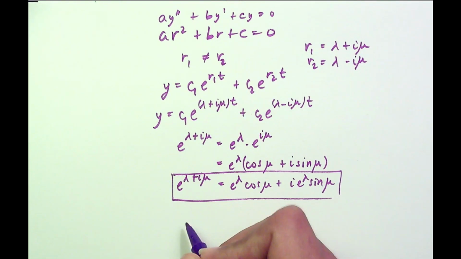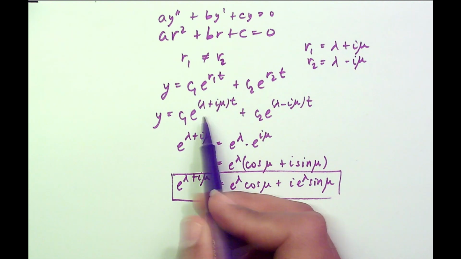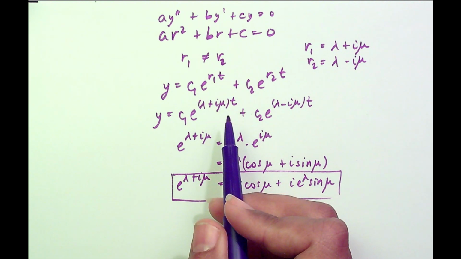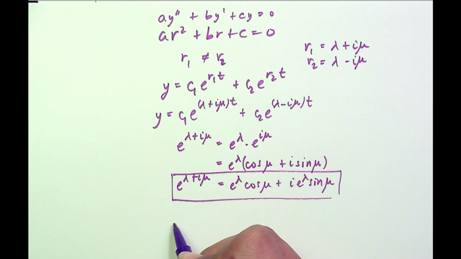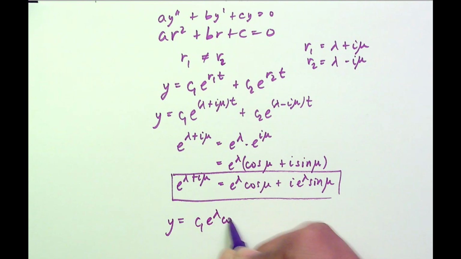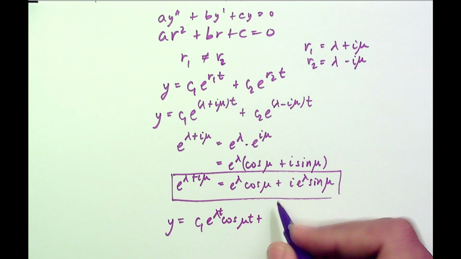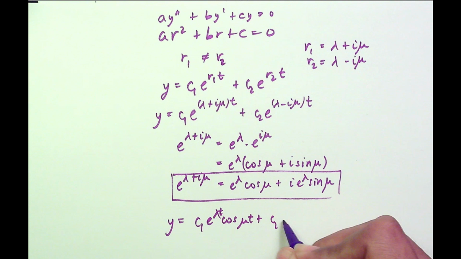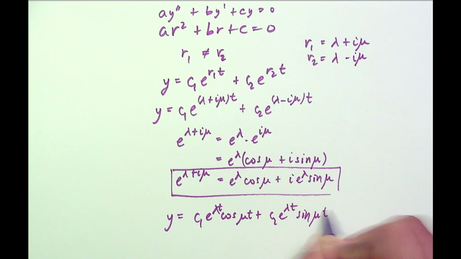And what you find out after you take this and plug it in here, and again unravel that and go through all the algebra and simplify, is that the general solution is C1 e to the lambda t cosine of mu t plus C2 e to the lambda t sine of mu t.